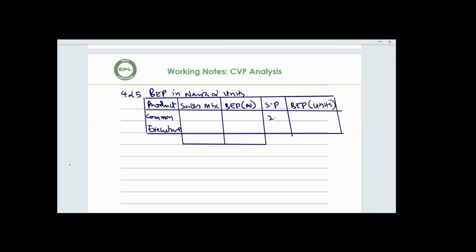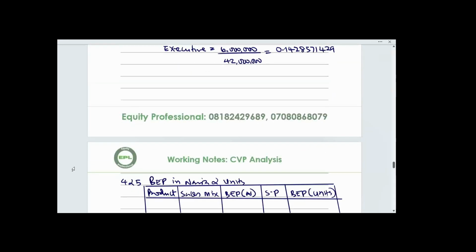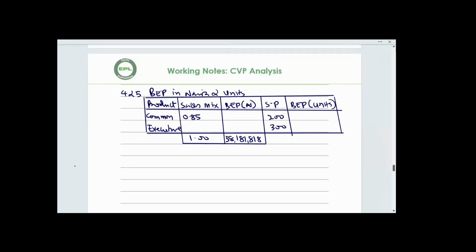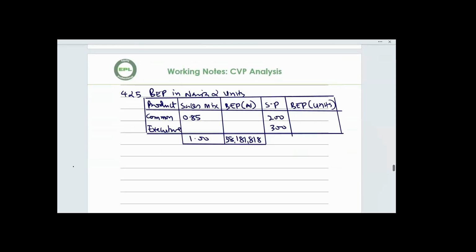Selling price is 200, then 300. We want to share 38 million, 181,818 naira. Then the sales mix 0.857142.